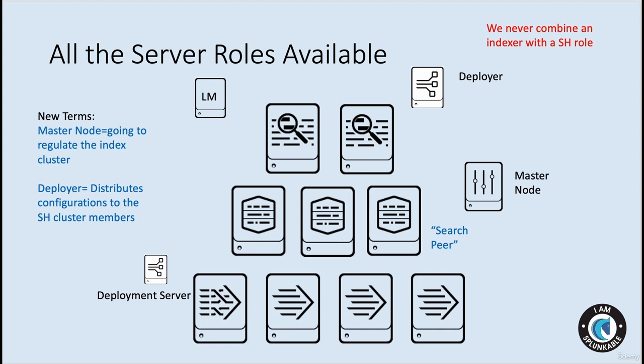The deployment server makes it so that you can scale your environment. If you have 10,000 forwarders out in the environment, it's not realistic to go to each one by one to edit the inputs.conf or outputs.conf or change the settings on all 2,000 of your Windows endpoints.